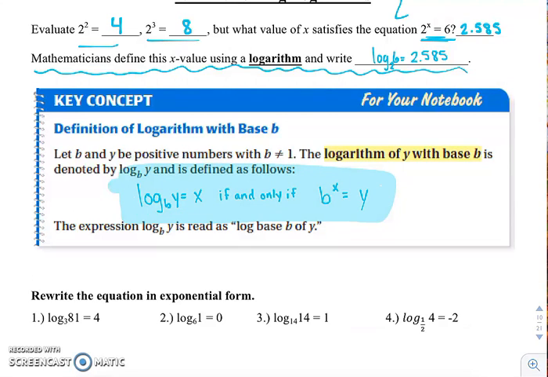What happens is the base of your log comes over and becomes the base for your exponent, and you're left with what is left over there on the right. It might not make much sense right now, but that little note there is going to be key in figuring out how to go back and forth from exponential form to log form.